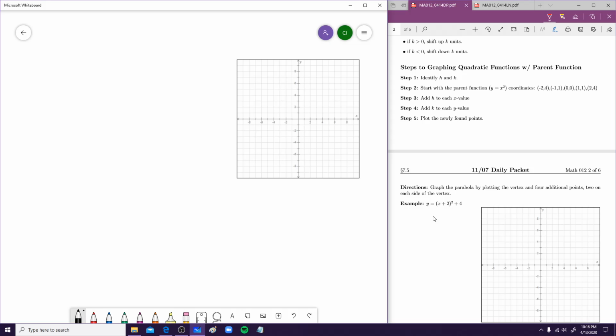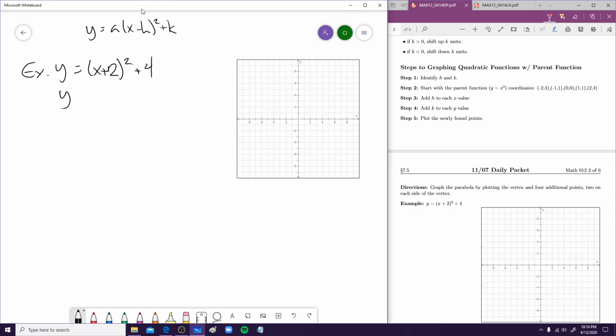The example we are given is y is equal to x plus 2 quantity squared plus 4, all right? So step 1, we want to identify what h and k are. Remember, h is the number in the parentheses, so let's write the general form up here. Before I start with steps, let's write it this way.